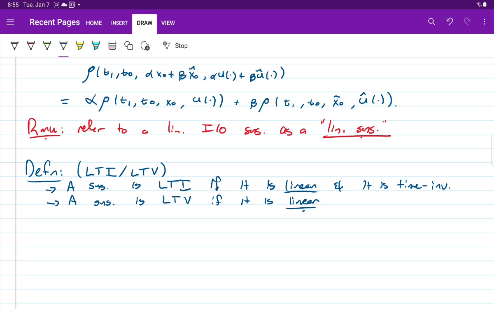We just don't specifically know that it is time invariant, okay? So it's pretty common to write LTI as a subset of LTV, all right? So as long as we allow for LTV to encompass this set LTI, everything we say about an LTV system will generalize to the case of an LTI system.